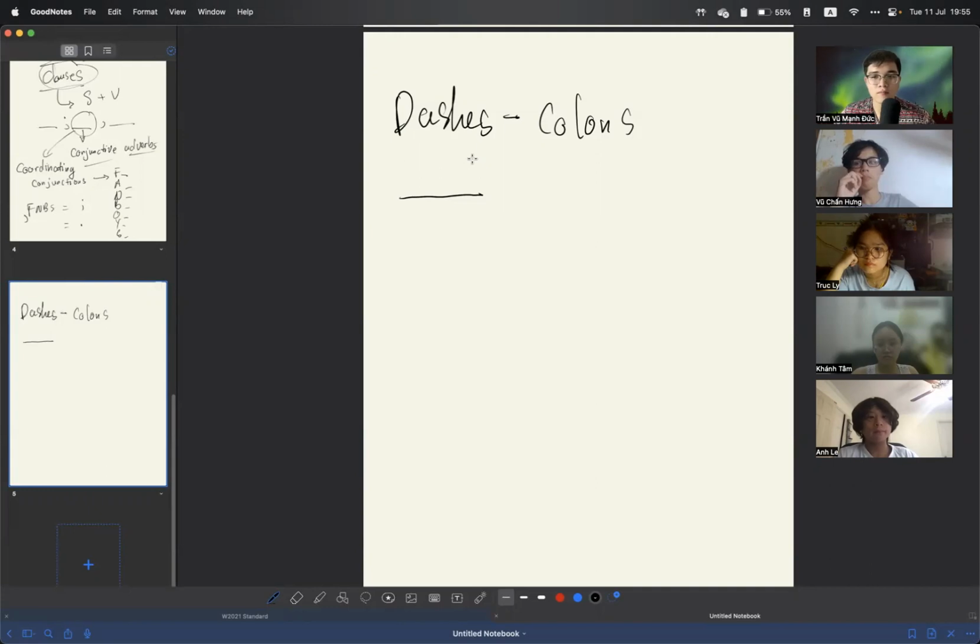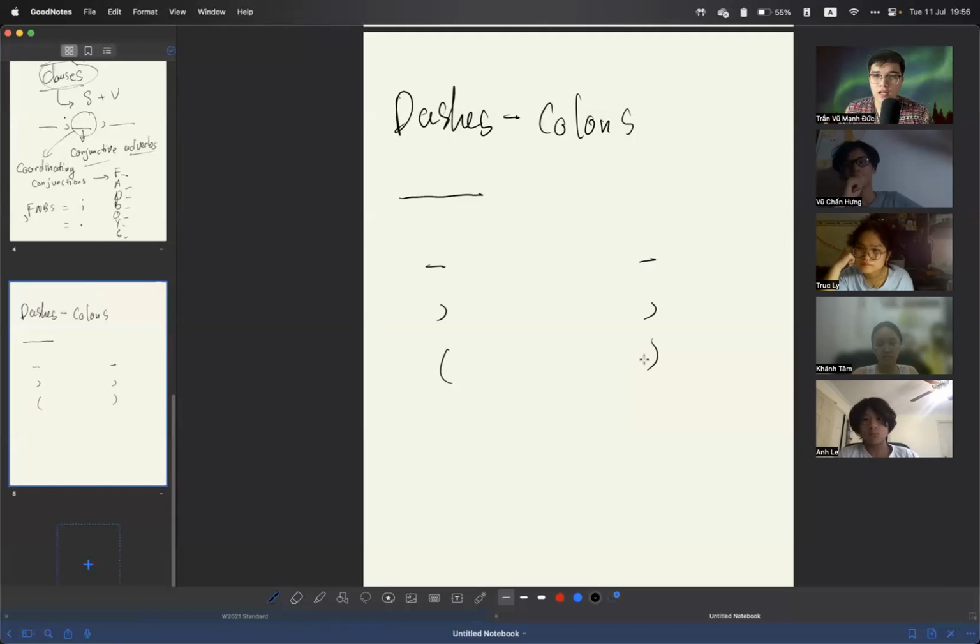There's one more, which we are going to learn today. Comma. Yes, exactly. Because if you say dashes like this, you can also put a comma like this or brackets. That's correct. And yes, dashes are used to initiate a list or a dependent clause, in which case they can be used like a comma.